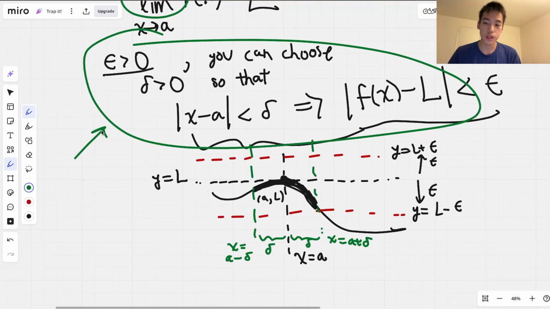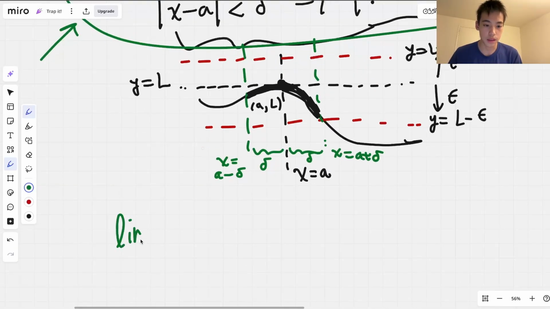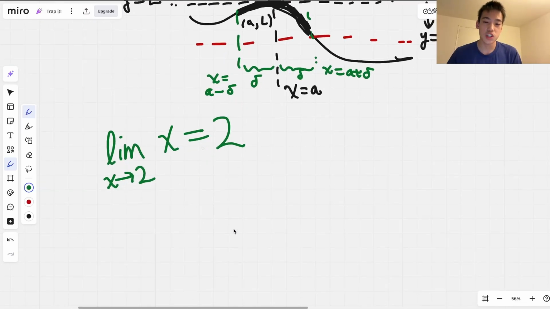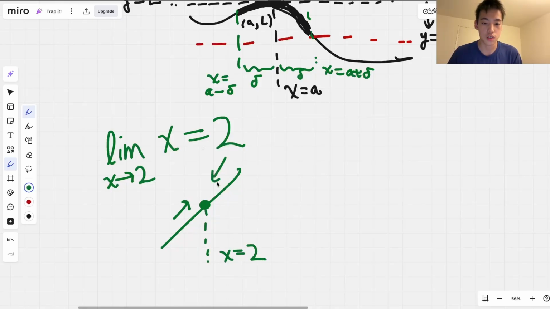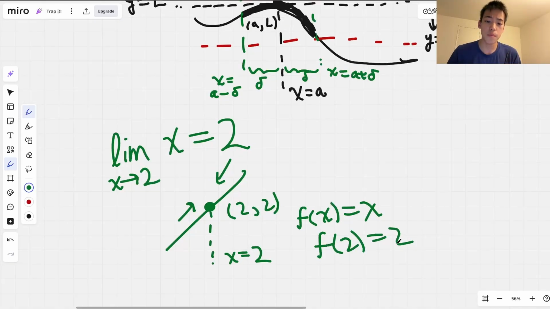If we wanted to prove, let's say, that the limit as x approaches 2 of x is equal to 2, we can't really just hand wave it and say that at the line x equals 2 we obviously approach the point 2, 2, because the limit might not be defined at the value we're trying to approach.